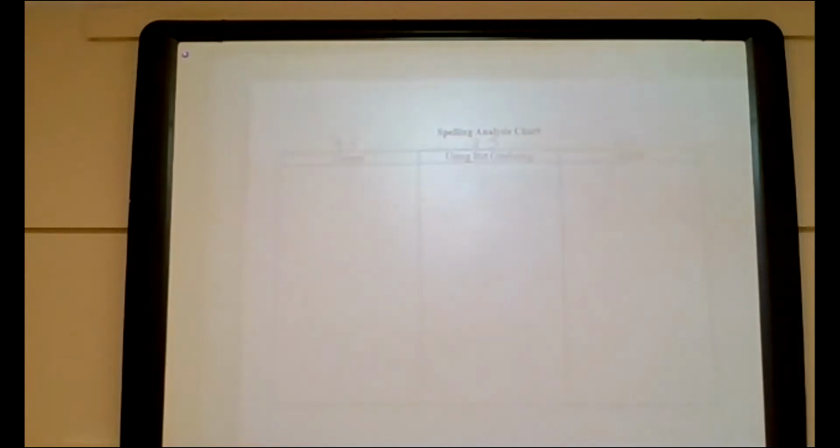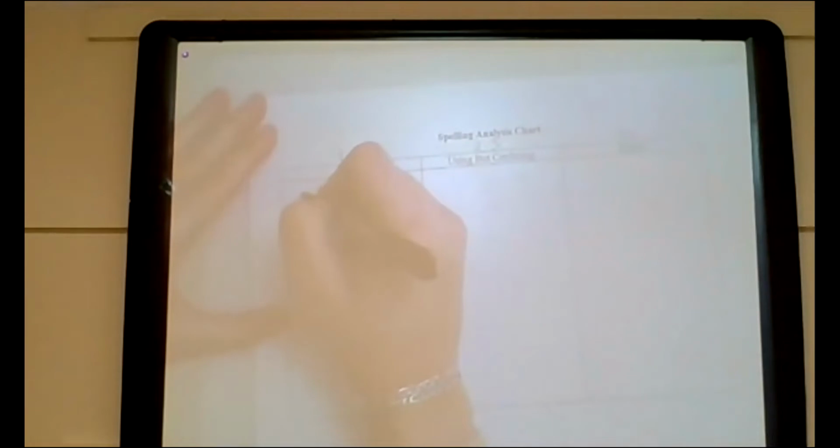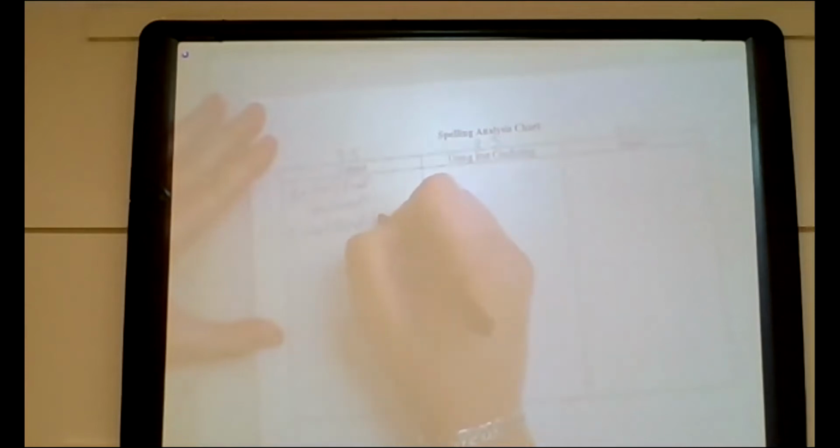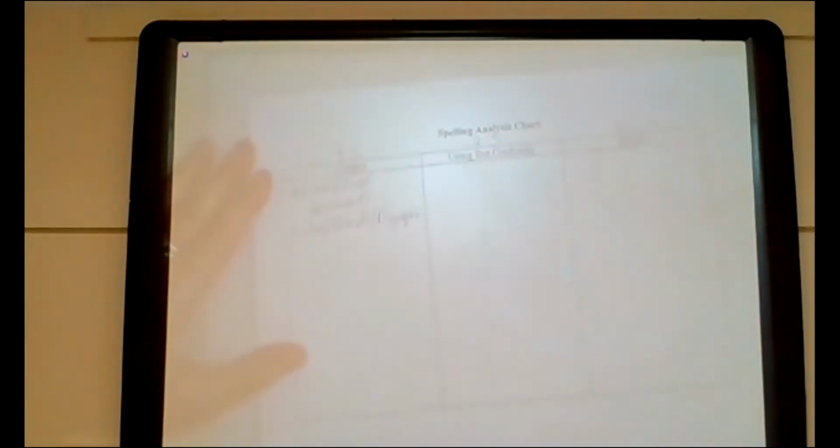Okay? And so Vincent has initial and final consonants correct, so he got a 4. He has initial blends and digraphs correct, so he got a 4.